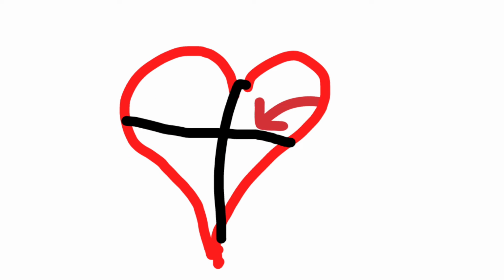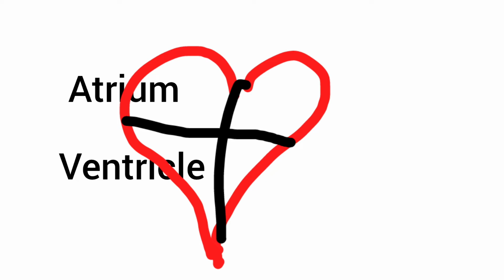And then the horizontal one here, it forms what? The valves. There are two valves here, right? The valves that are between the atrium and the ventricles.